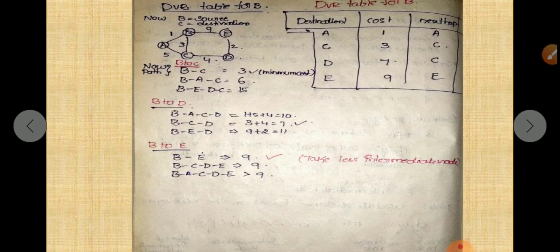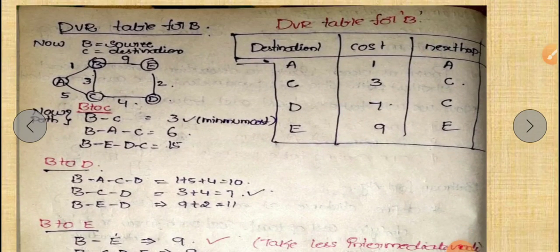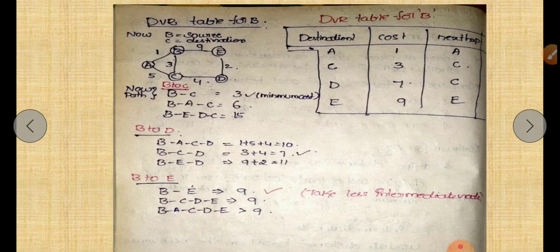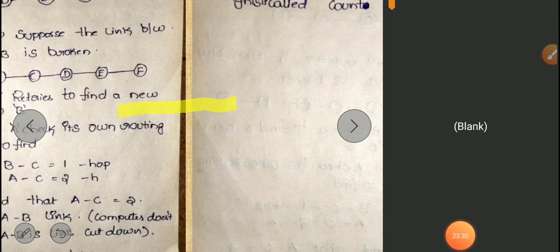Like that, every individual router will maintain a DVR table like this. With the help of each and every router, we update their DVR table, the distance vector routing table.